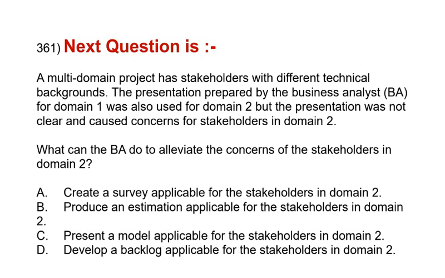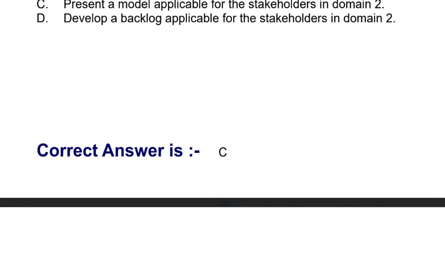Option A. Create a survey applicable for the stakeholders in domain 2. Option B. Produce an estimation application for the stakeholders in domain 2. Option C. Present a model applicable for the stakeholders in domain 2. Option D. Develop a backlog applicable for the stakeholders in domain 2. Correct answer is option C.